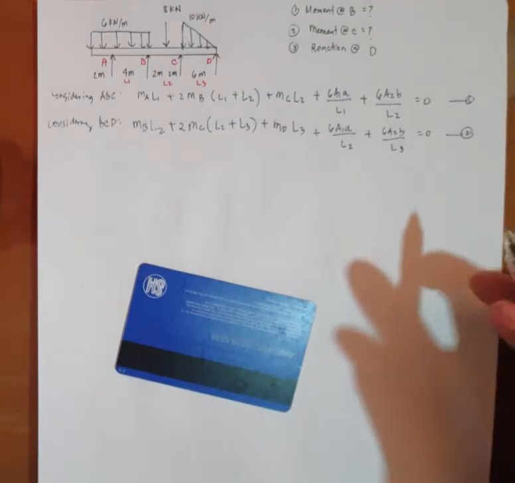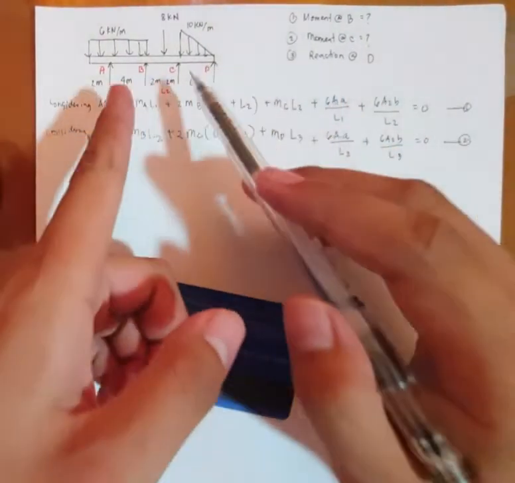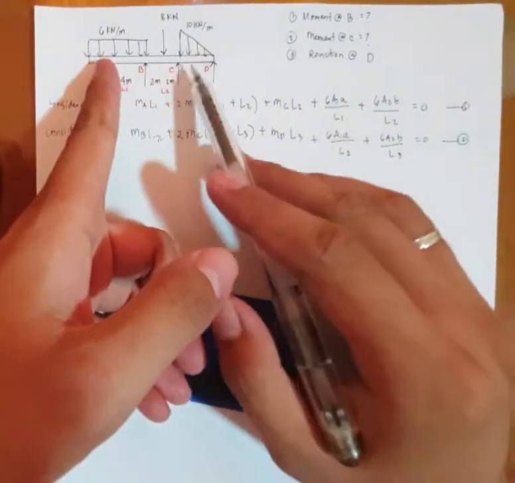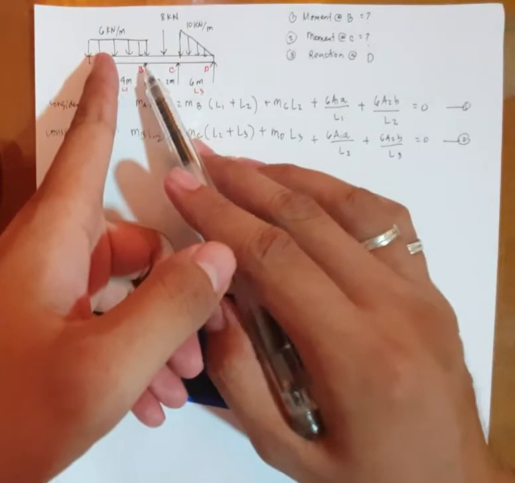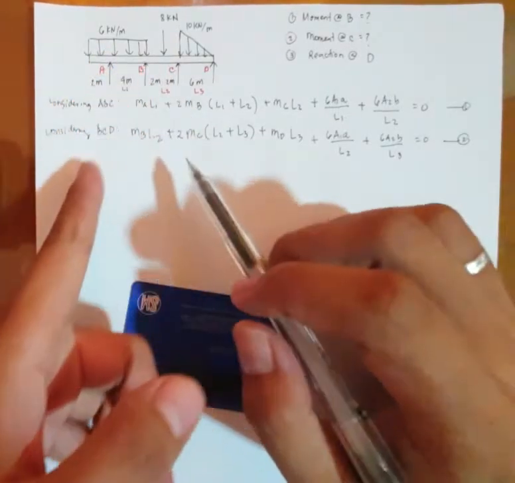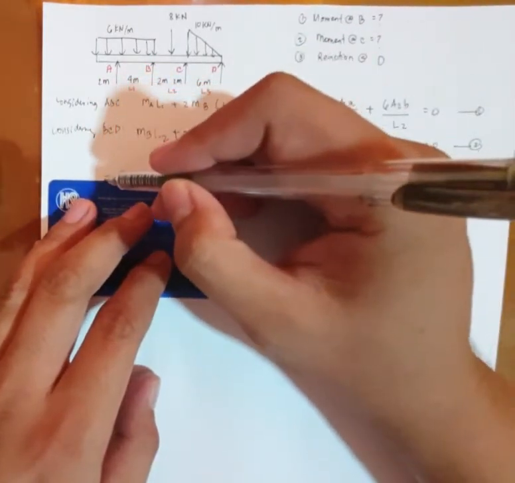So again, how to compute these factors? First is for 6A1A over L1. Consider L1 only and treat it as a simple support.